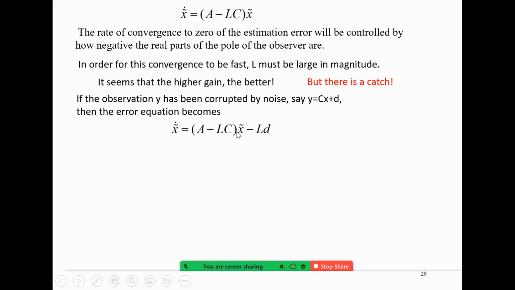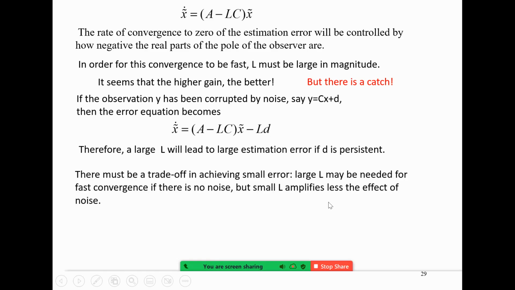But this is the equation: it's a stable system, but there is some external input. You can treat it as some kind of disturbance, or noise, and that will affect X2. A large L will lead to a large estimation error if D is persistent.